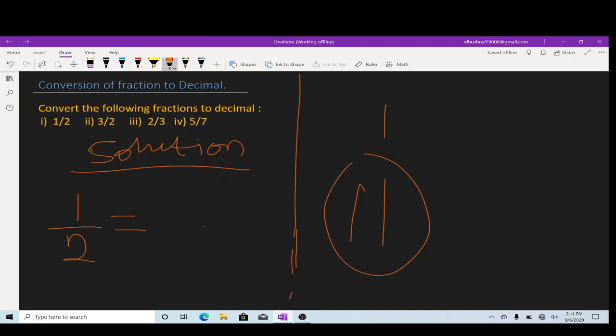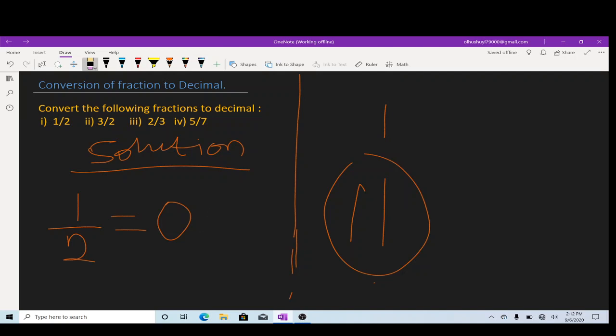So you want to know how many 2s you will see in 1, isn't it? But you can't divide this 1 by this 2. You can't bring 2 out of 1. It's not possible. So what do you add? You add 0. When it's not possible, you have 0.